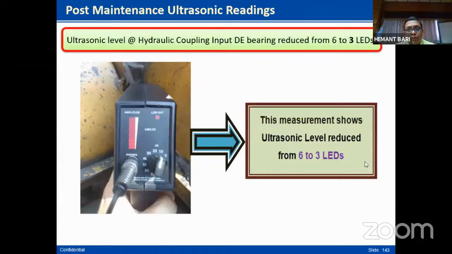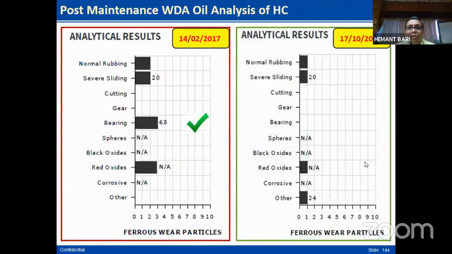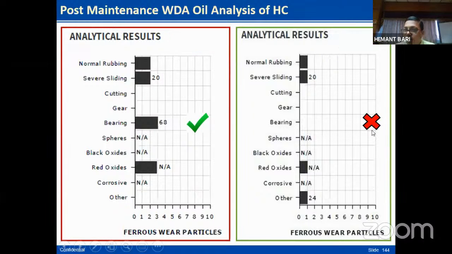Ultrasonic readings also reduced from 6 to 3 LEDs. And the most important parameter, the oil analysis, 68 micron bearing particles after replacing and 1 month operation, the bearing particles are not there.